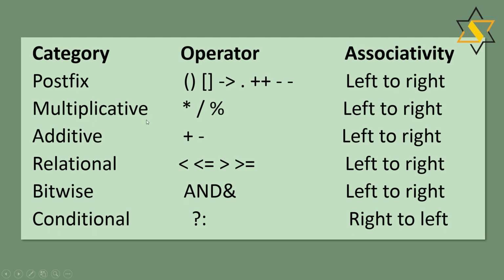Here we have multiplicative, additive, relational, bitwise, conditional and postfix operators, whatever operators we have. It may be addition, it may be relations, it may be bitwise. All the operators come under a category, then the question mark, then plus, minus, multiplication, and postfix for this kind of operators.